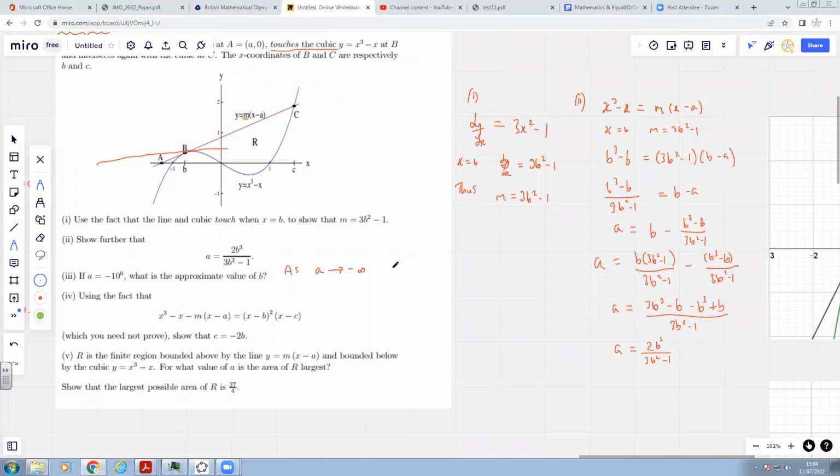we can say that the curve, well, the tangent sort of curve, or let's say the straight line, or we can just say y equals mx minus a, sorry, touches the curve closer and closer to the turning point.